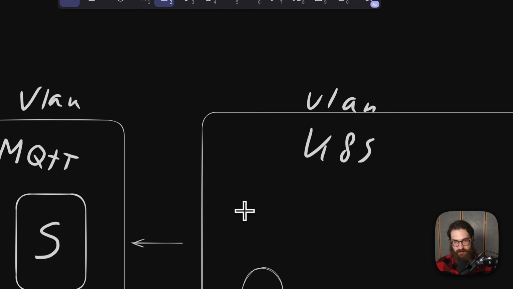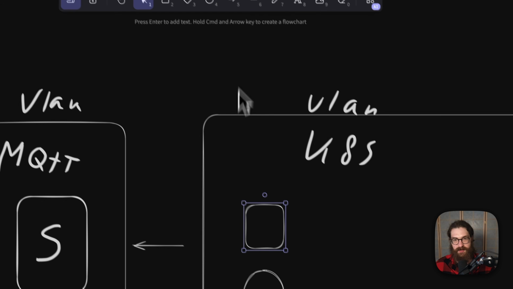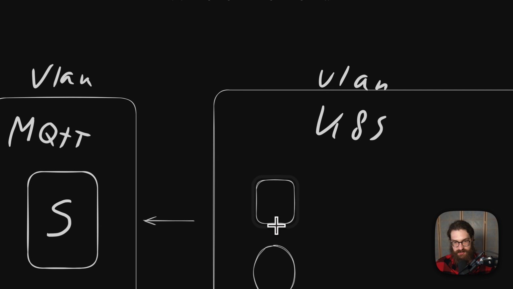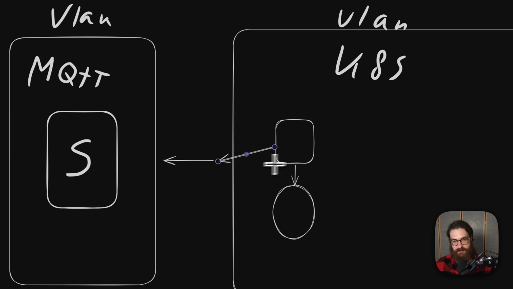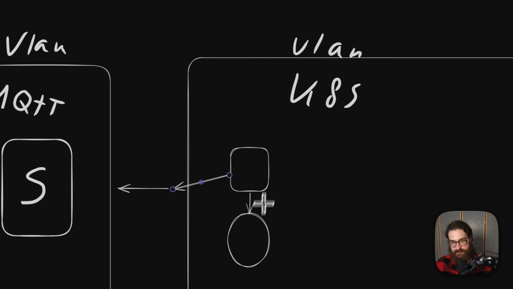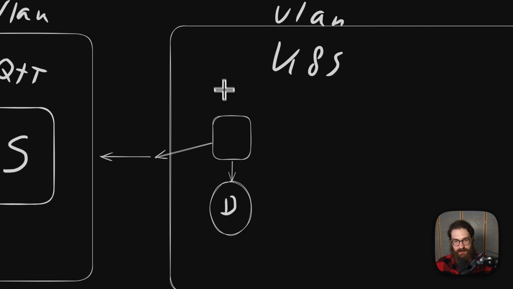And for that, I thought I would need to have a container that then speaks to the database and to the MQTT container over there. So this is my database, and this is a container. This is the setup that I had in mind.